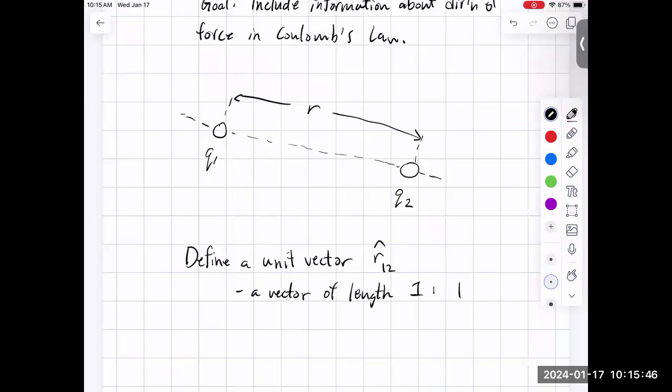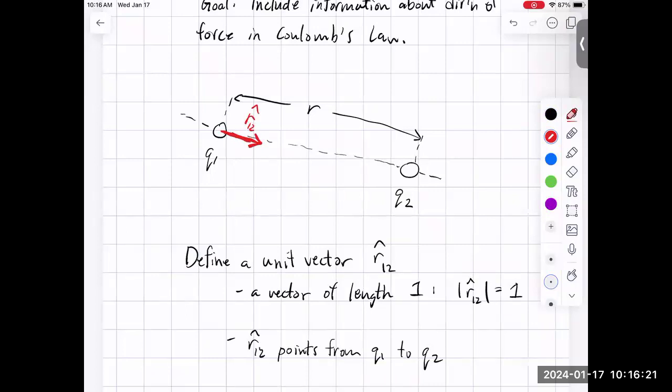And so what that means is if I was to evaluate the length or magnitude of this unit vector, we'd always get 1. Okay, and then we're going to say that this unit vector points from Q1 to Q2. And so what we'll do is draw it on our picture here. So this is our length of 1, and it's going to point from Q1 to Q2.